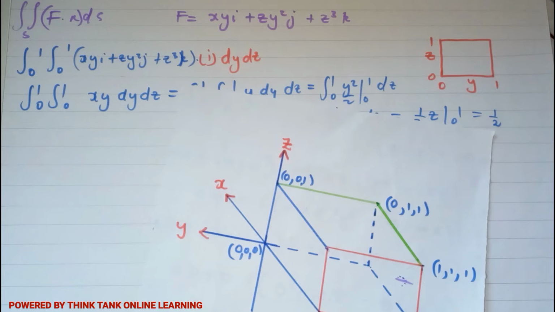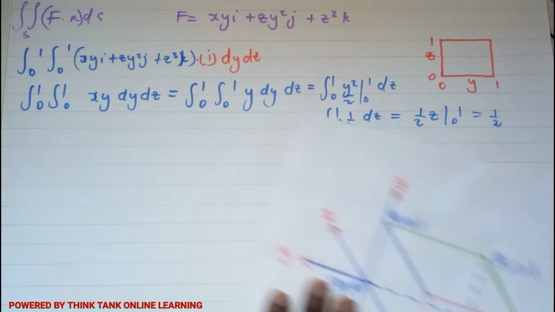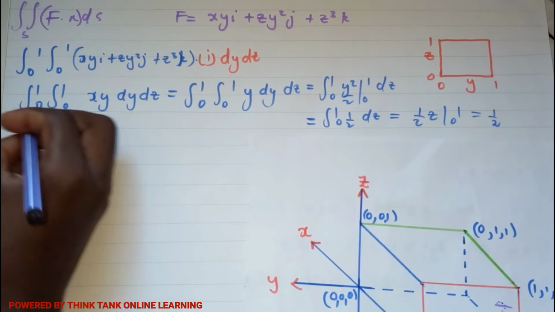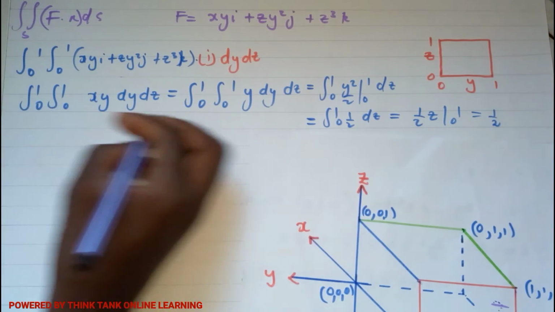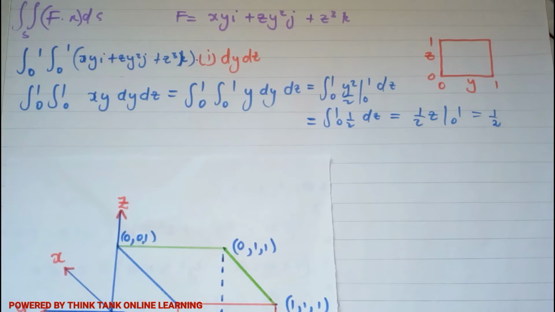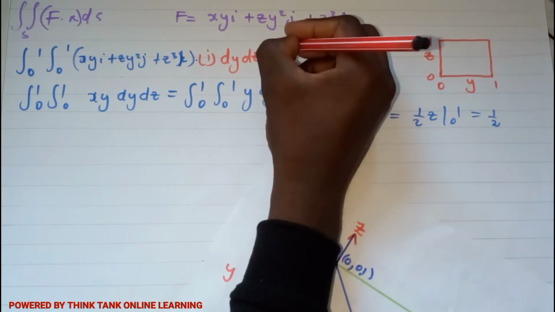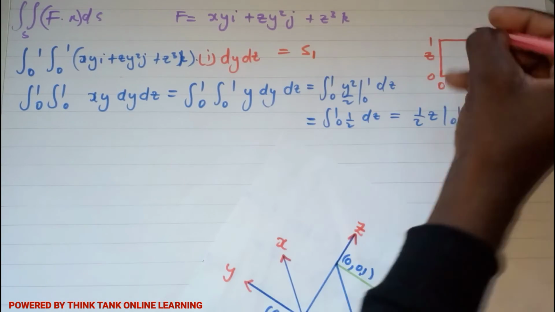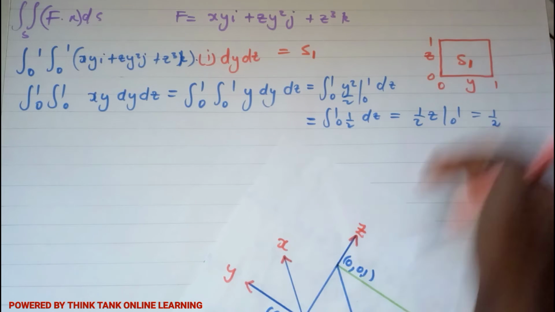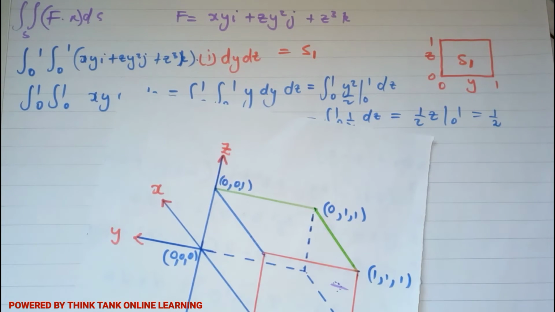By the way, the first thing I should have written here is the total flux. Let me call this one surface number 1, and we have 6 surfaces, in other words 6 faces.